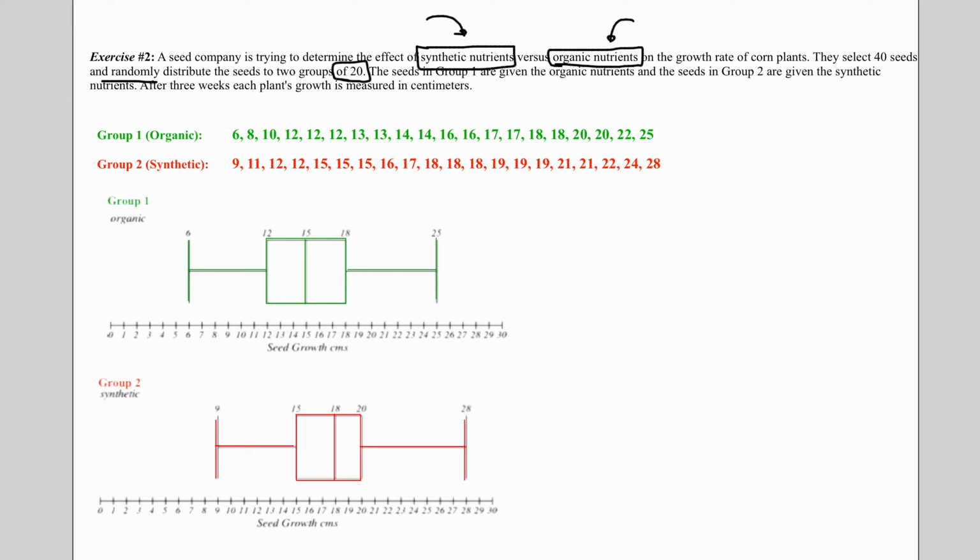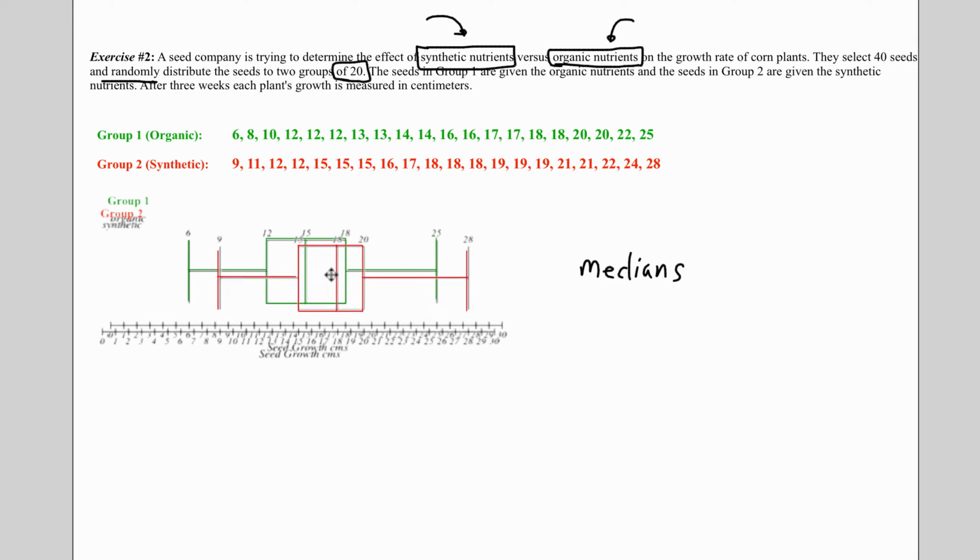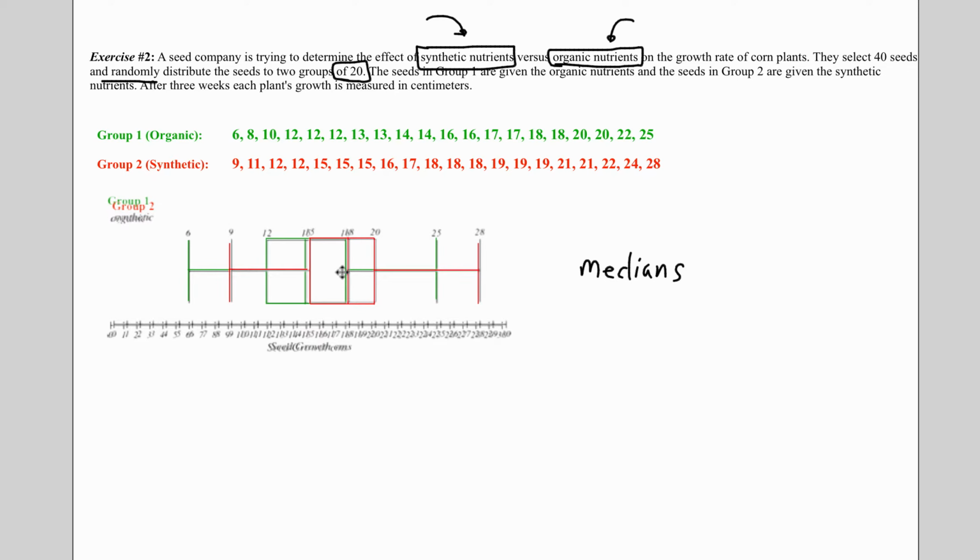In this case, I decided not to look at averages, but I decided to look at their medians. So the green one, the shortest guy, only grew a whopping 6 centimeters. And this piece of corn grew a whopping 25 centimeters. If I were to overlay the synthetic red group with the green organic group, there I overlaid them.